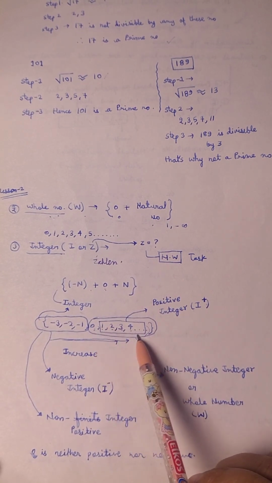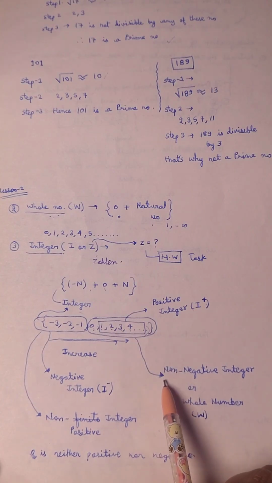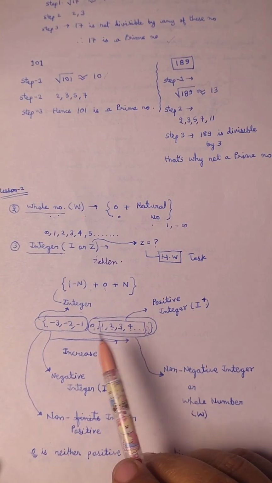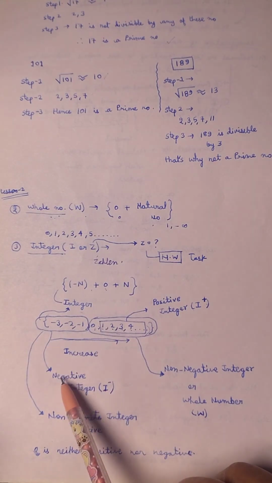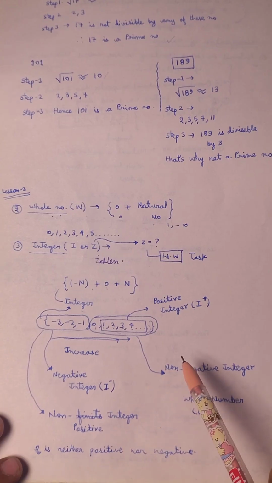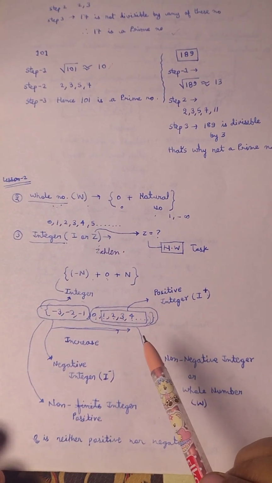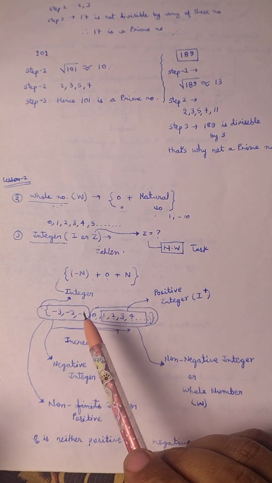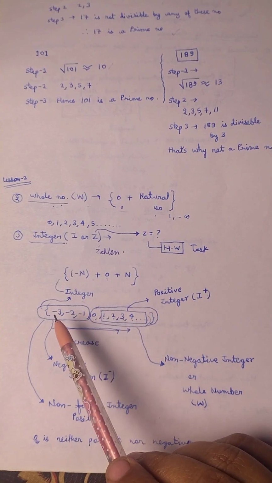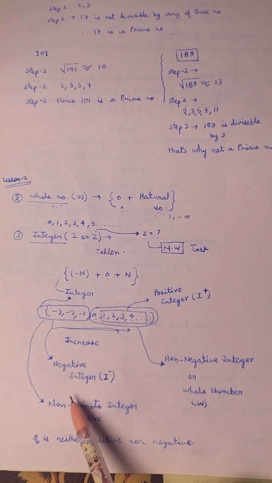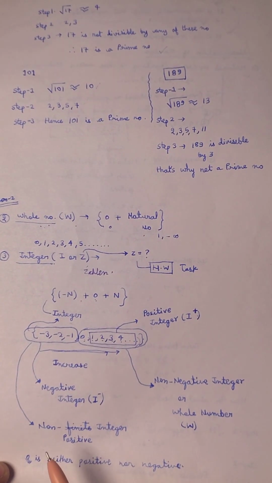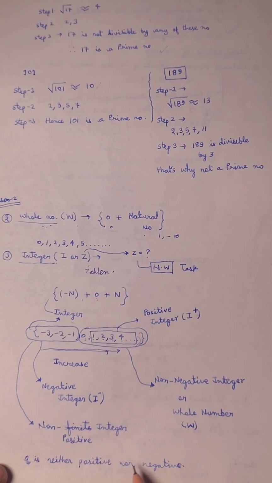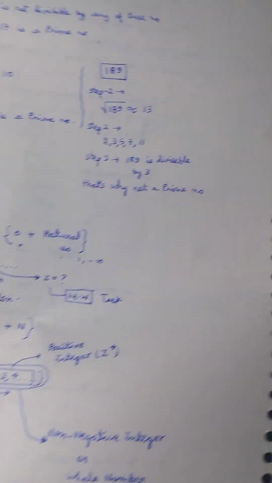And if we include 0, then we call it non-negative integer or whole number. If we take only the negative integers, we call it negative integer. And if we take 0 together with the negative numbers, we call it non-positive integer. So 0 is neither positive nor negative.